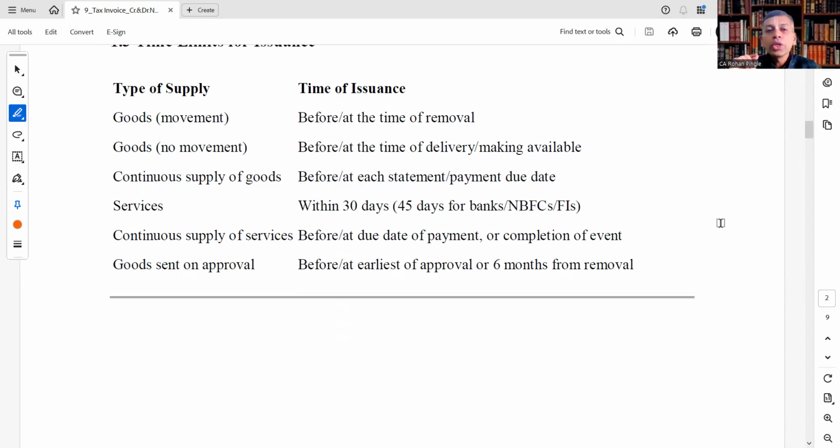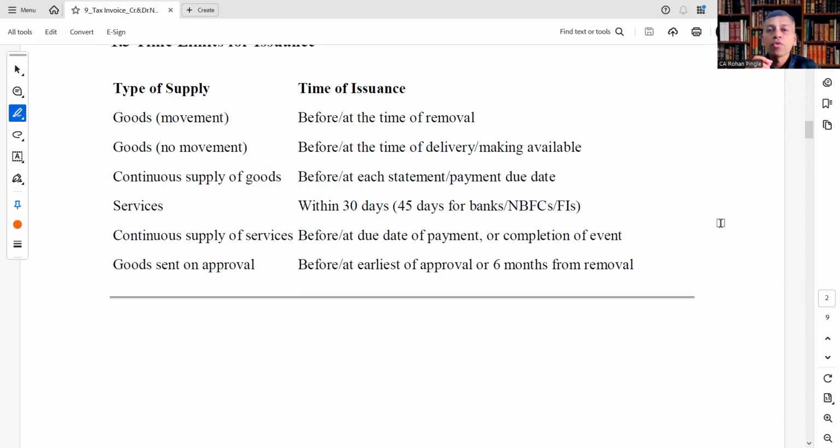Then for continuous supply of goods, the invoice is issued before or at each statement or payment due date, as in the case of construction contracts. For services, the time of issuance is within 30 days, and in case of banking, non-banking financial companies and financial institutions, 45 days.